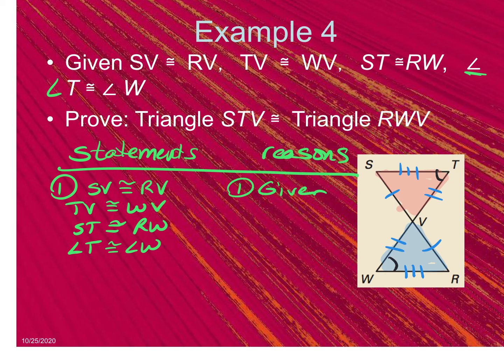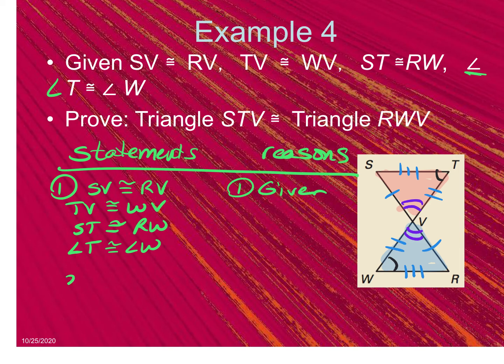The obvious one, whenever this looks like a bow tie, I know it looks like it's on its side, but the bow tie, we always have a pair of vertical angles here in the middle. So this angle will be congruent to this. Now when I write this in my proof, I can't say angle V congruent to angle V. I have to name it with 3 letters because there's 2 angle V's going on here. Actually, there's 4, even the exterior ones.